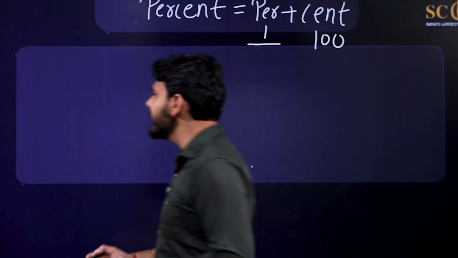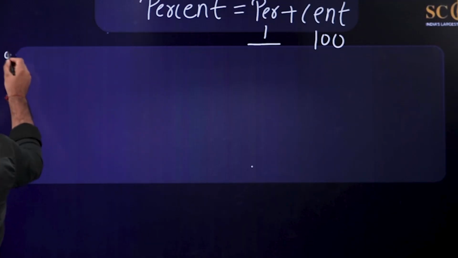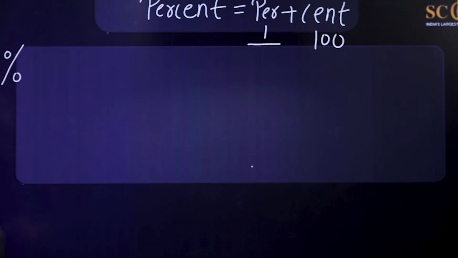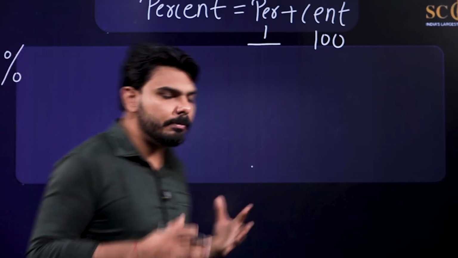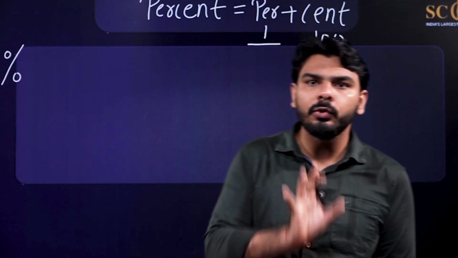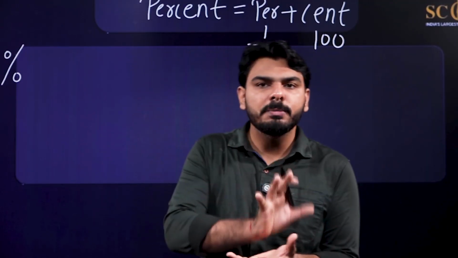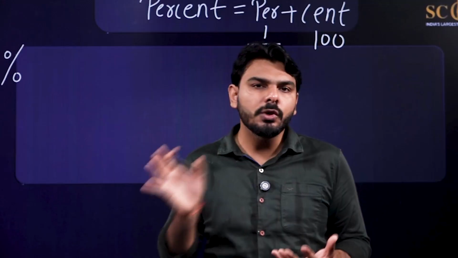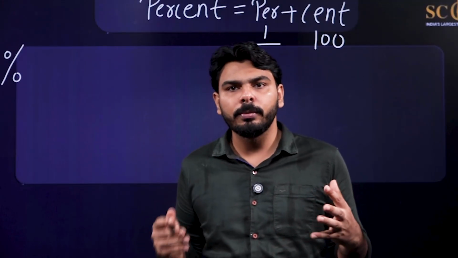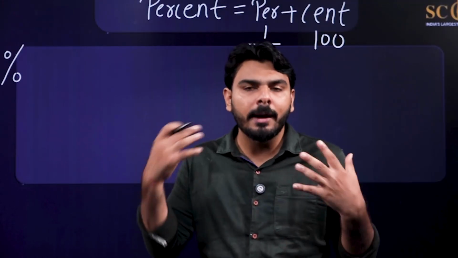So this is the sign of percent, the sign that we mostly use for representing percentages. Now the second thing: I will give you some percentage values, and I will tell you the fractional value of those percentages. You need to write it down in your notebook, because this will be helpful for you in the coming problems.